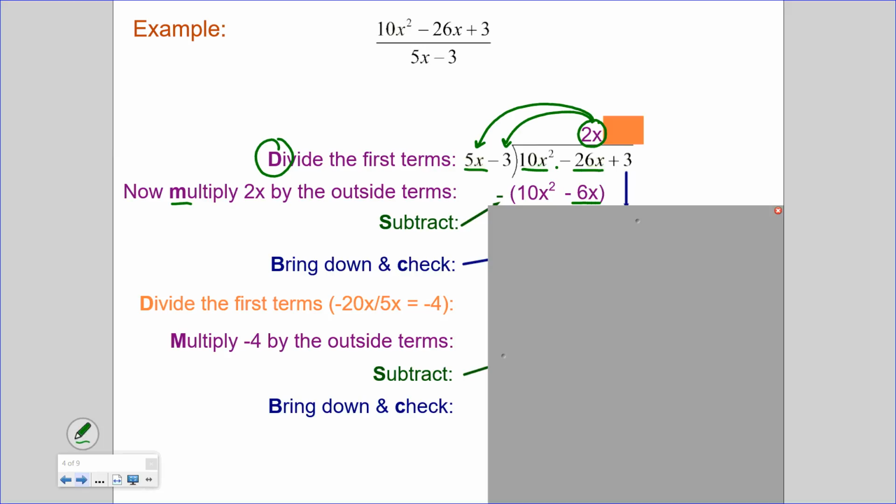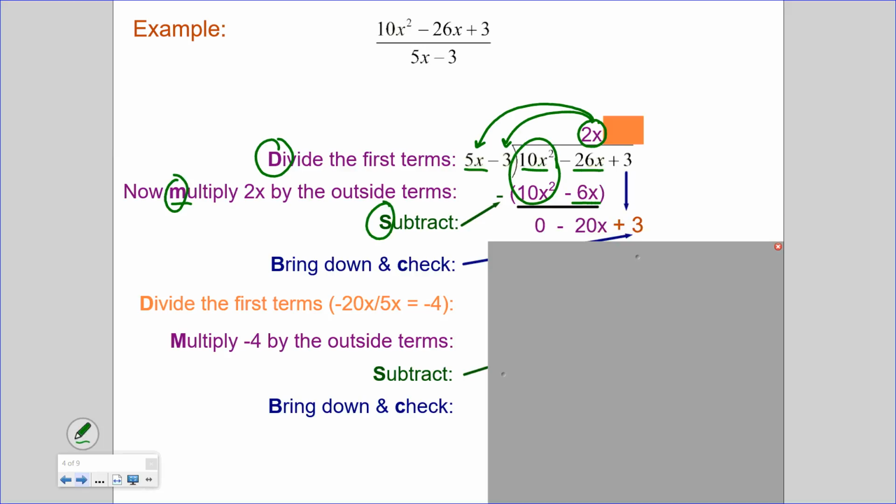That's good, because when we subtract, those go away or become 0. So now you subtract negative 26x minus a negative 6x, which is really plus 6x, giving you a negative 20x.